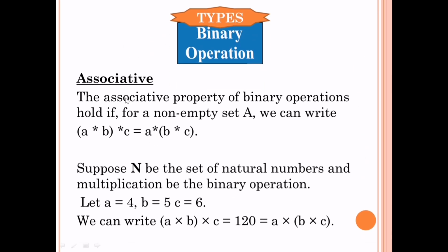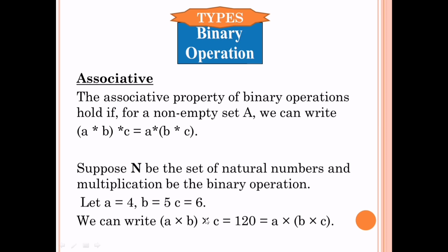Associative. The associative property of binary operation holds if, for a non-empty set A, we can write (a * b) * c equals a * (b * c). Let us use natural numbers. We're going to change the binary operation into multiplication. Let's say a equals 4, b equals 5, and c equals 6. Under multiplication, (a times b) times c equals 120, since 4 times 5 is 20, times 6 is 120.